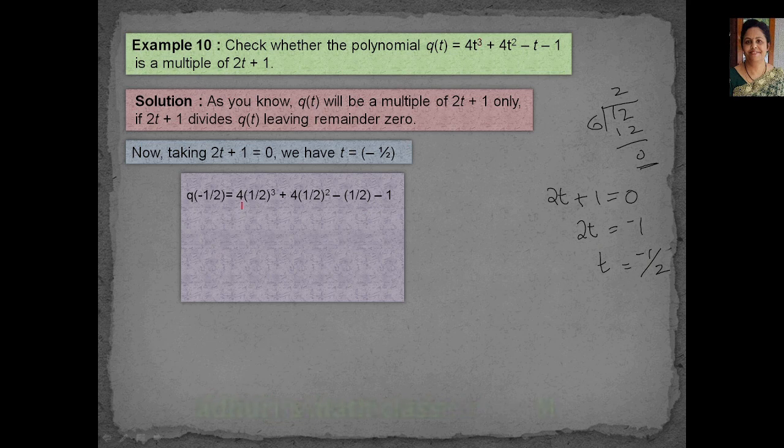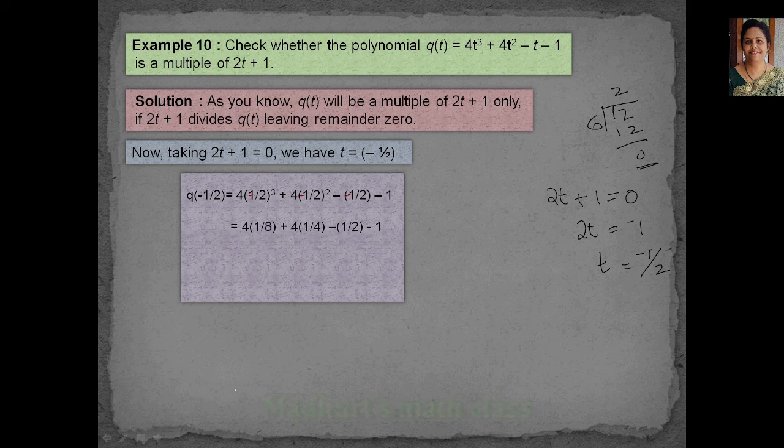So q(negative 1 by 2) is equal to 4 into negative 1 by 2 the whole cubed plus 4 into negative 1 by 2 the whole squared minus negative 1 by 2 minus 1.